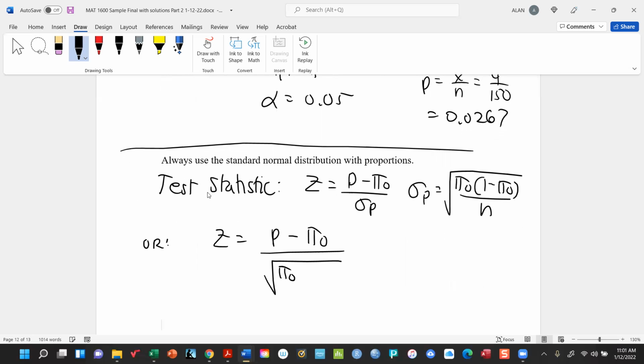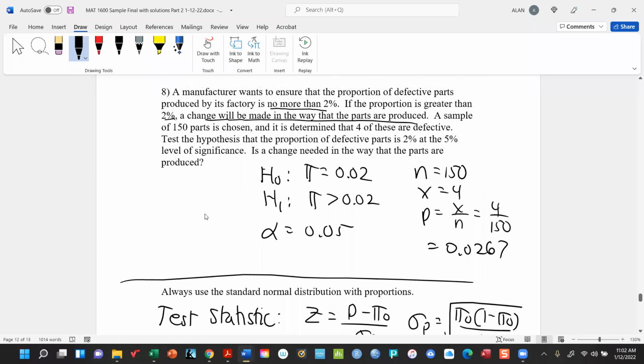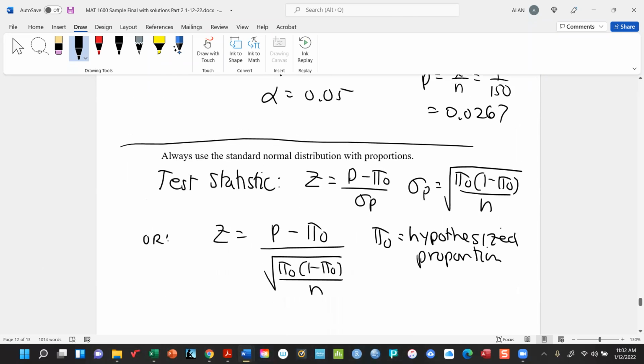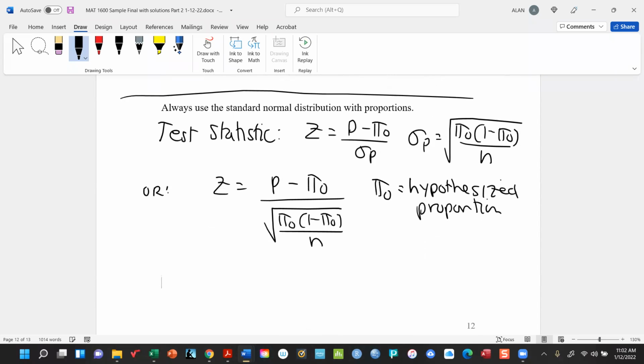Whatever's easier. Now, keep in mind, to be consistent with the previous hypothesis test, this is the hypothesized proportion. Remember, we're using pi for proportions in this book. And so that would be this thing. That's what we think is true. The actual sample proportion, though, was 0.0267.